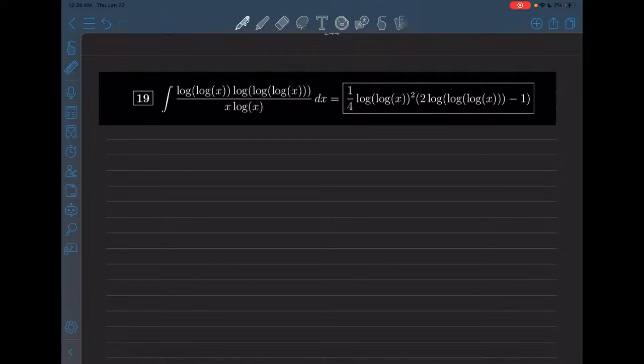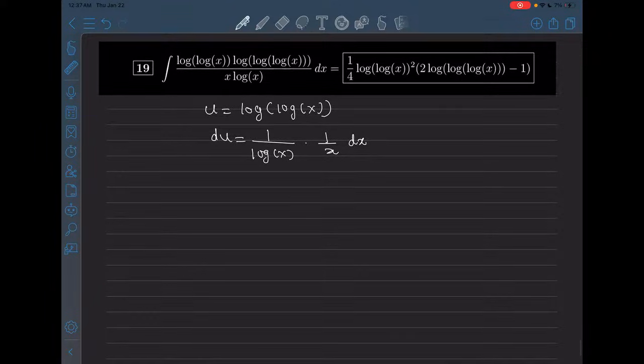Yes, substitute. Yeah, exactly. If I substitute u as log of x, my du will just be 1 over x dx, right? So that's a really good thing because with that, it will just be u and then log u and then du.